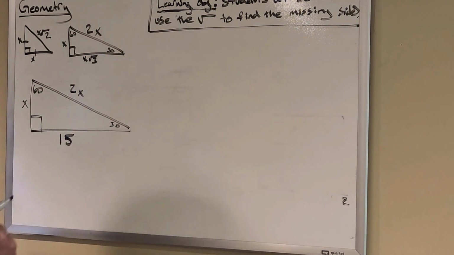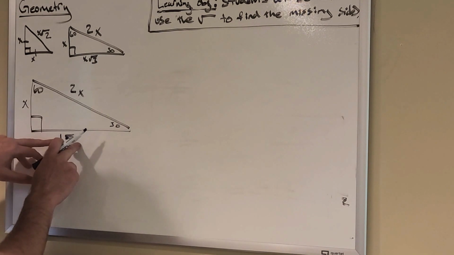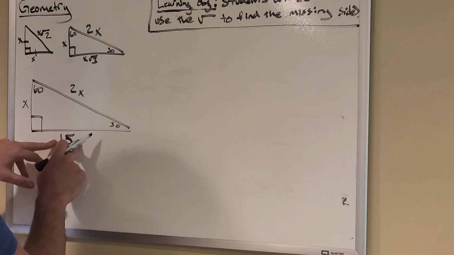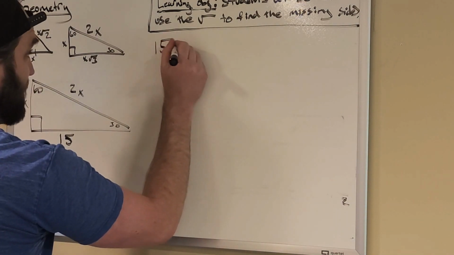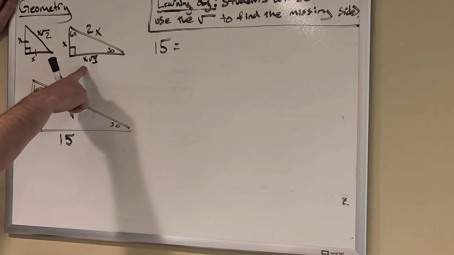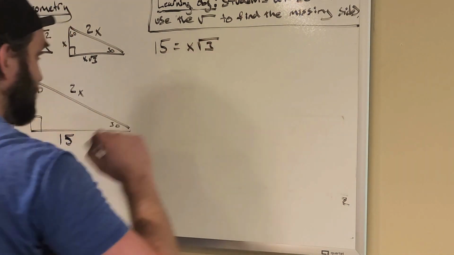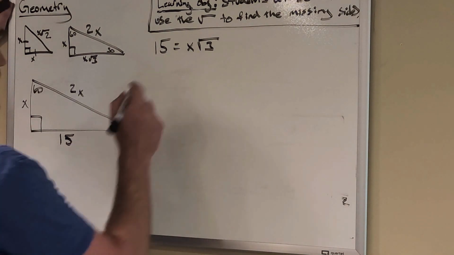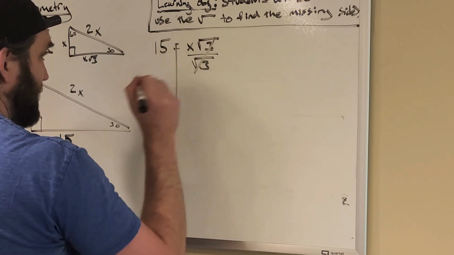I have 15. So, to solve this, I want to take this 15 and set it equal to my x square root 3. As we did before, we're just going to solve it. We're going to divide both sides by square root 3, which gets rid of it on this side.